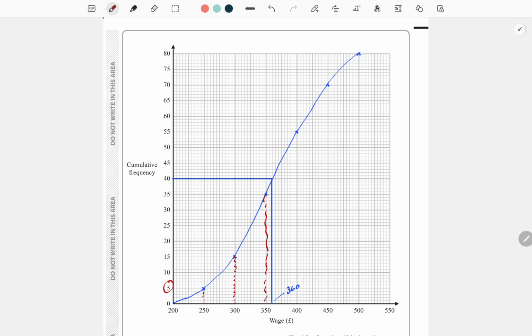And then with a sharp pencil, try and draw a smooth line. It has to be a smooth line or curve, if you like, connecting all the points.